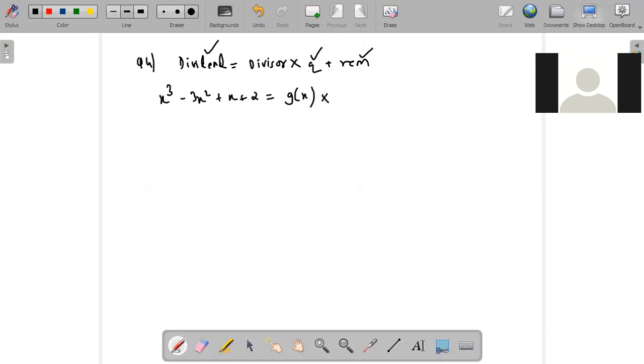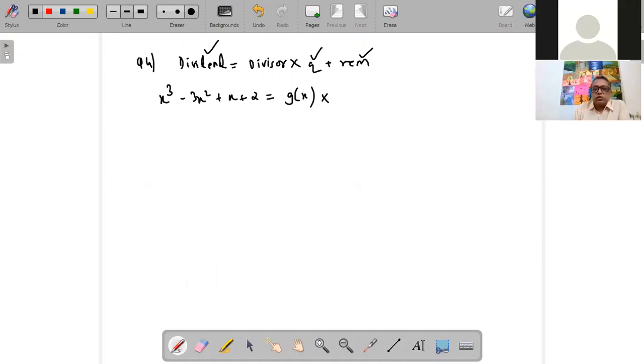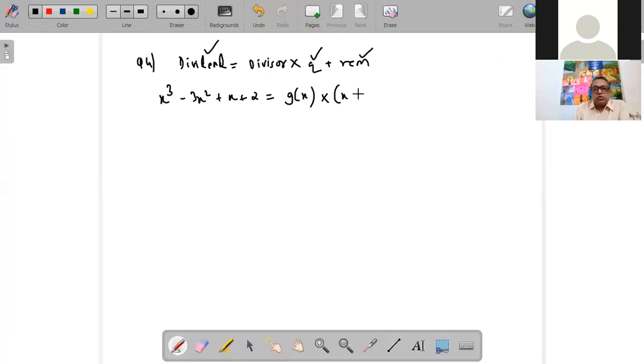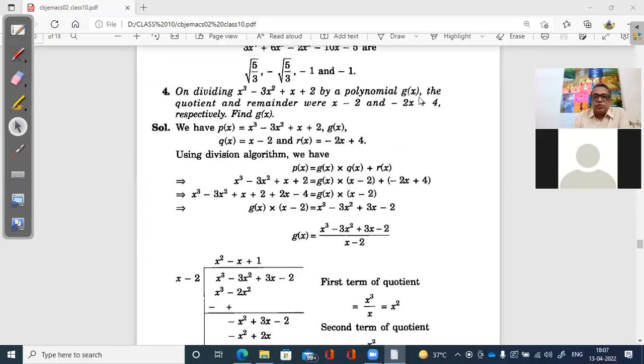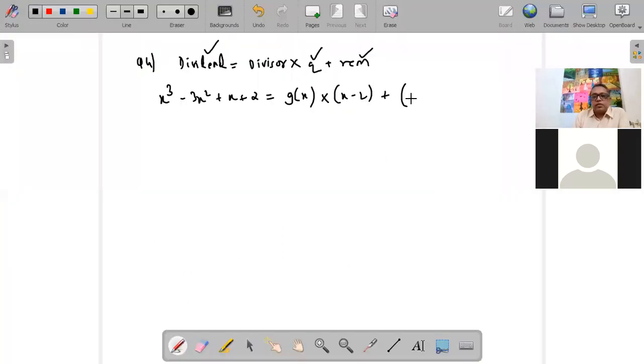The quotient is given to us as x minus 2, and the remainder is also given to me as minus 2x plus 4. So dividend, quotient and remainder are all given to me.